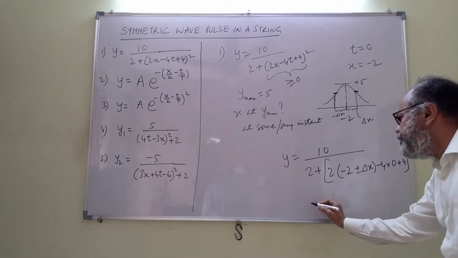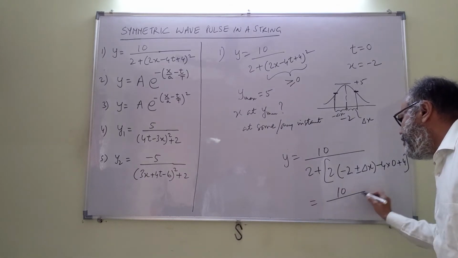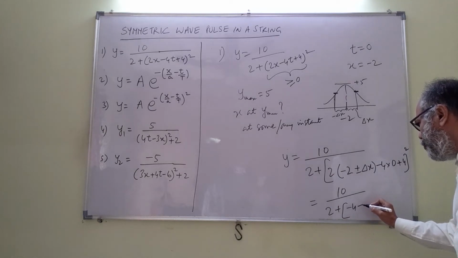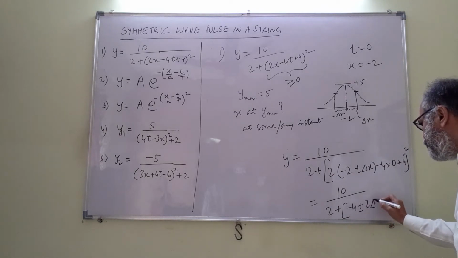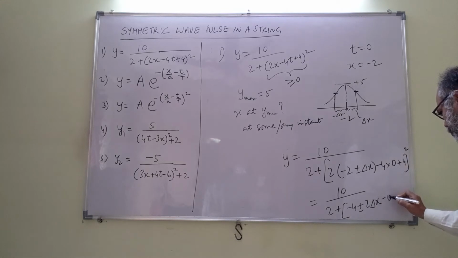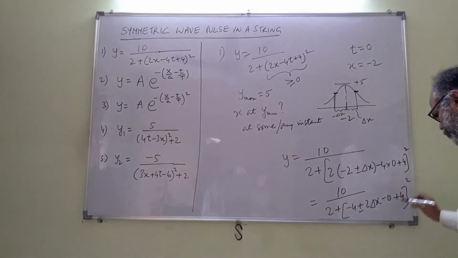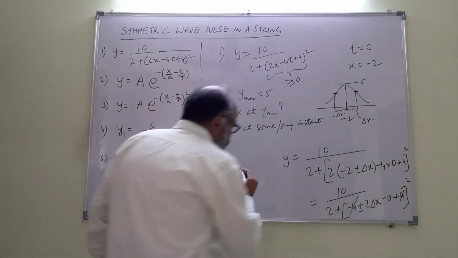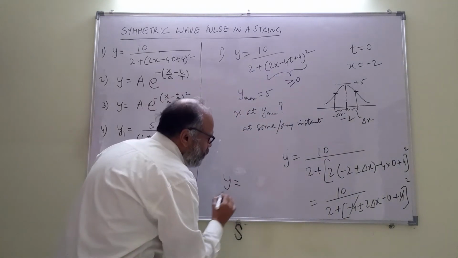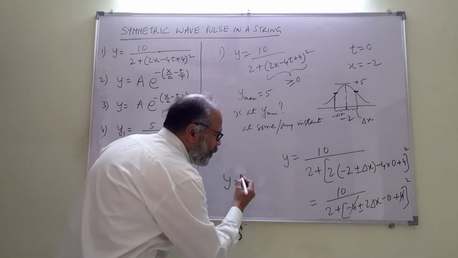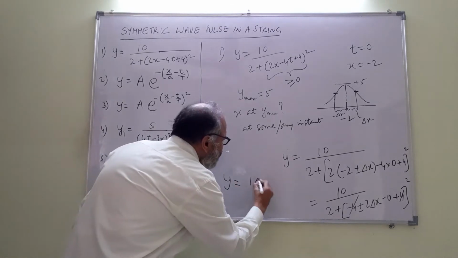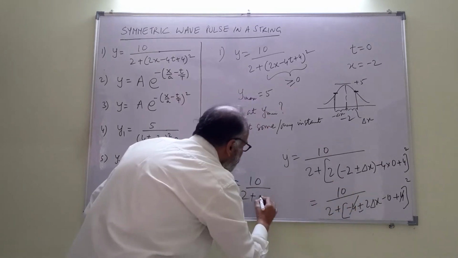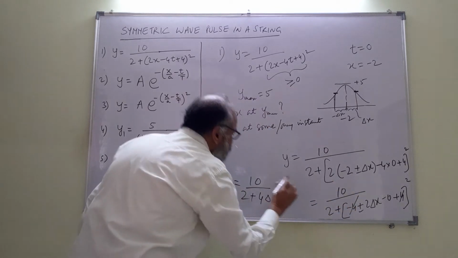So if you simplify this, see what you get. You get 10 by 2 plus 2 into minus 2 is minus 4. It will be plus minus 2 delta x. This is 0 and you have plus 4 the whole square. Plus 4 and minus 4 cancels, and therefore you have y is equal to 10 by 2 plus 2 delta x the whole squared, or 4 delta x squared.